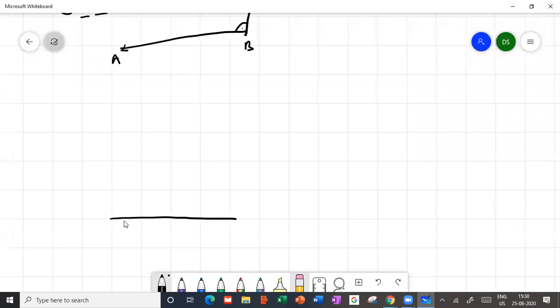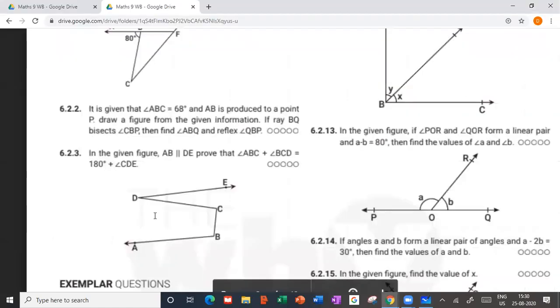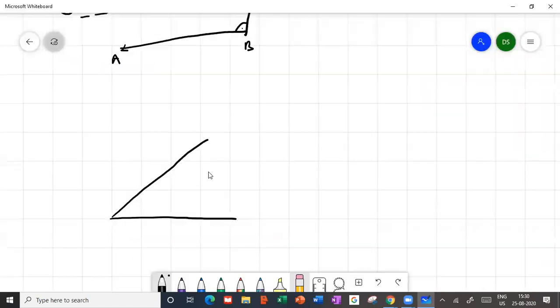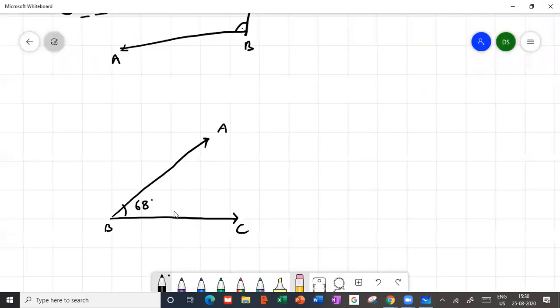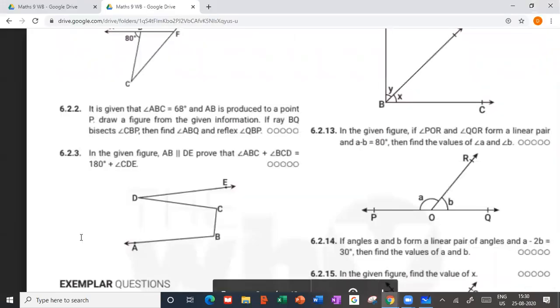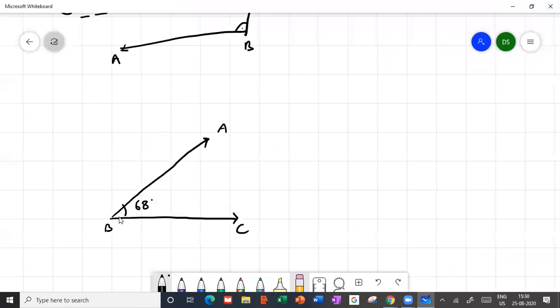So 68 will be something like this. So this is A, this is B, and this is C, is what they are saying. Correct? And this is 68. And AB is produced to a point P. Which side is this? Up, or behind?